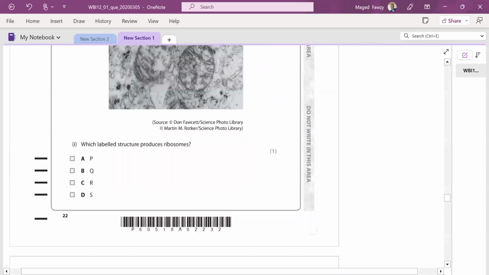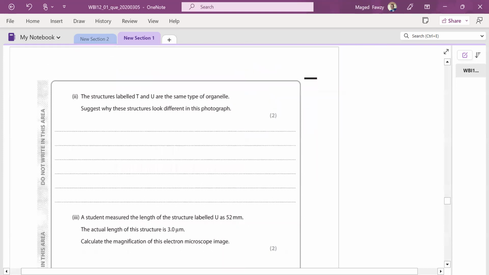Okay. Another point. Suggest why these structures look different in this photograph. The structure C. Maybe, by the way, الأنسر عبيطة جدا in this question. Different angles of viewing. Yes.